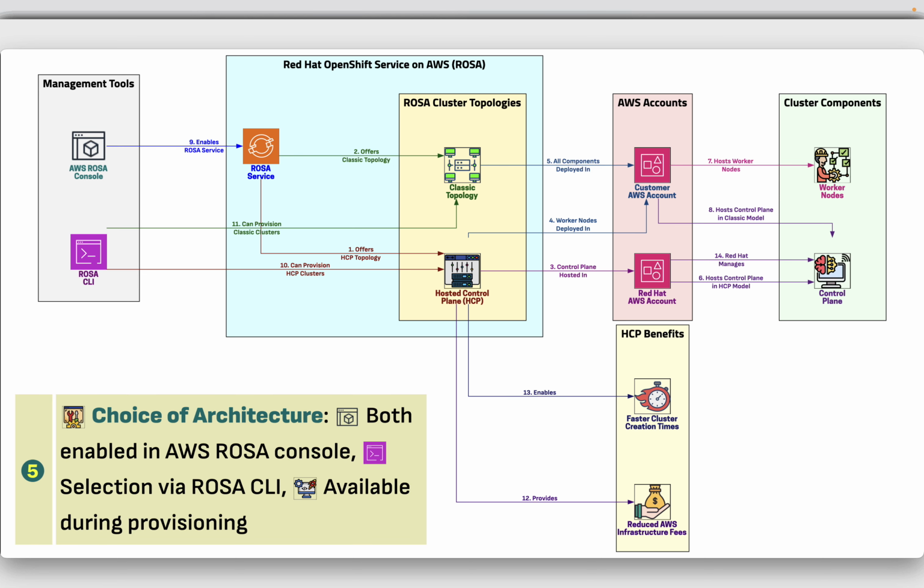Then the choice of architecture: both ROSA with hosted control plane and ROSA Classic can be enabled in the AWS ROSA console. So within AWS, you can access Red Hat OpenShift Service through its own managed service. So you can directly access it from there. You can choose which architecture to use when you provision ROSA clusters with the ROSA CLI.